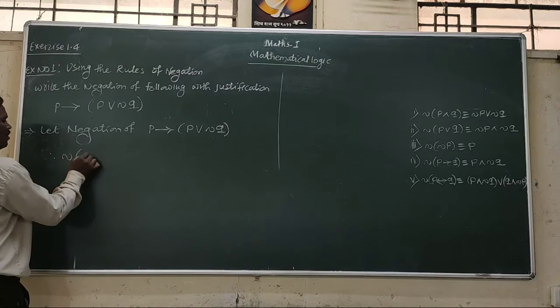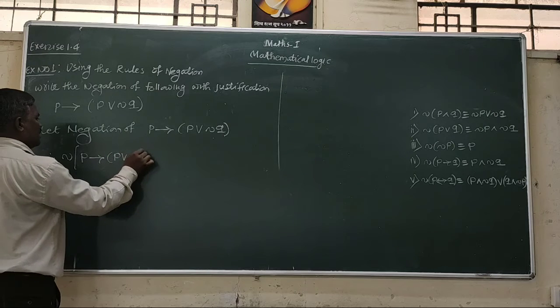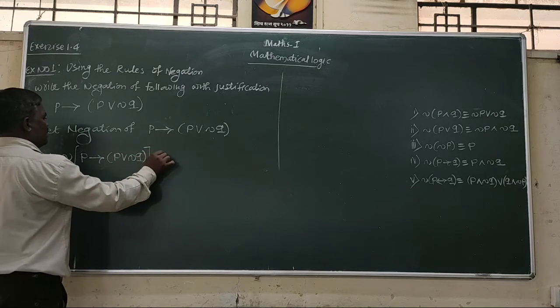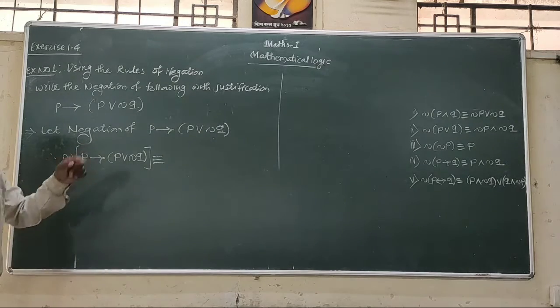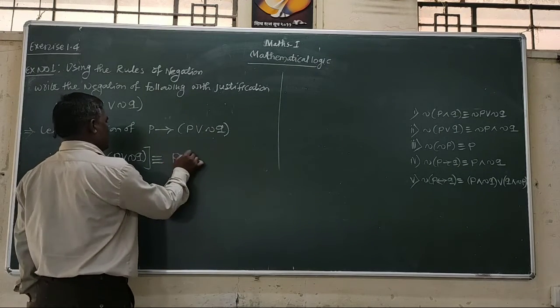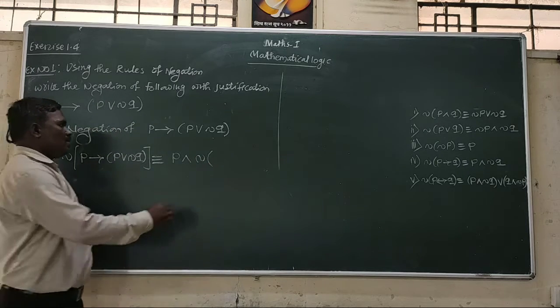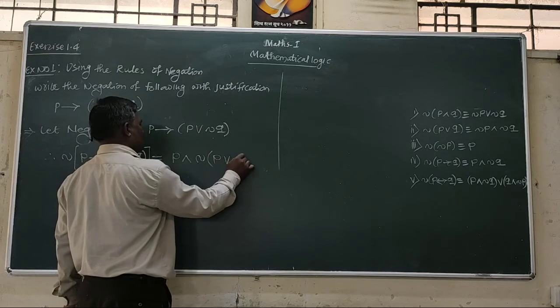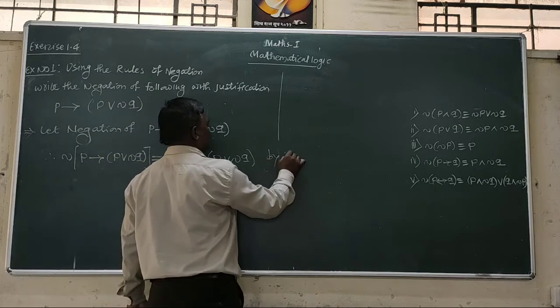Therefore, negation of in bracket p implies p disjunction negation of q is equivalent, using this rule number 4, to p conjunction negation of p disjunction negation of q.